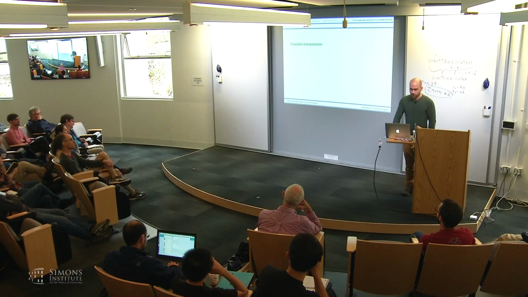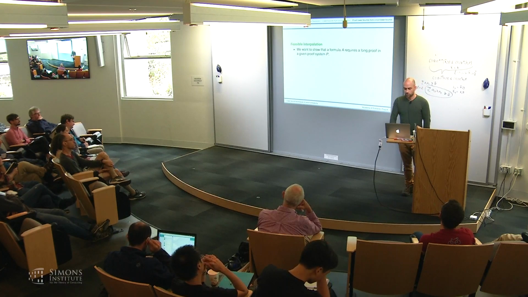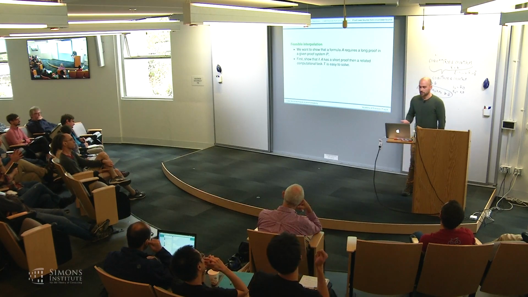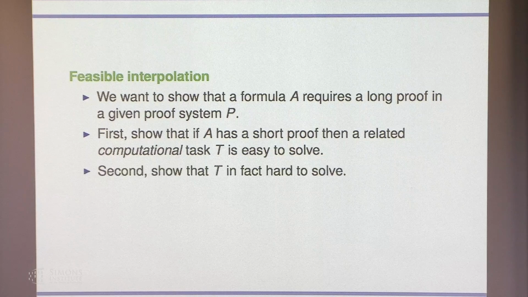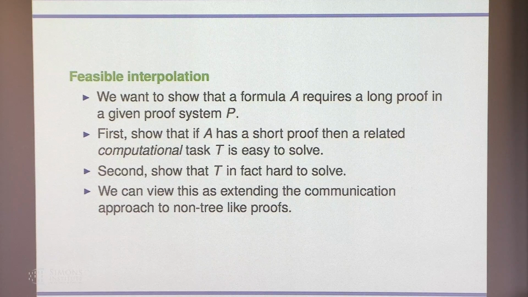So feasible interpolation, the general setup is the following. You again prove a lower bound, and before we were trying to reduce the lower bound to a lower bound in communication complexity. Now I want to reduce it to a lower bound in circuit complexity.